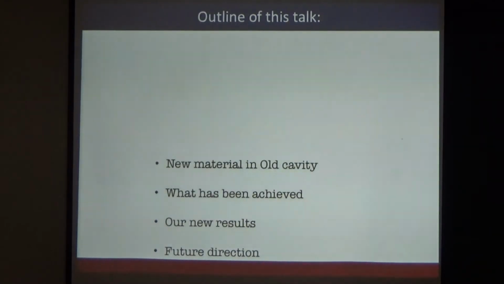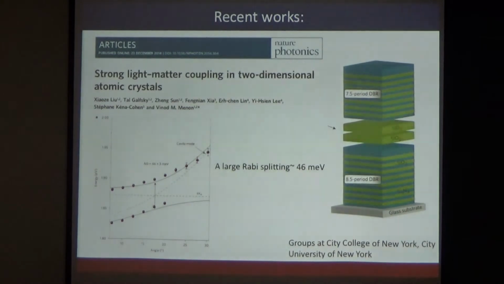Now we use this new material in an old cavity concept which was already done in the 1990s. When we started this work, this paper was already out. A planar microcavity geometry was used by this group from City College of New York, and they had the TMDC material inside this cavity.